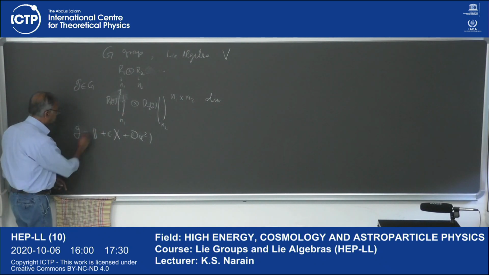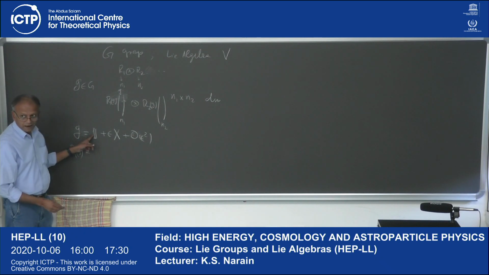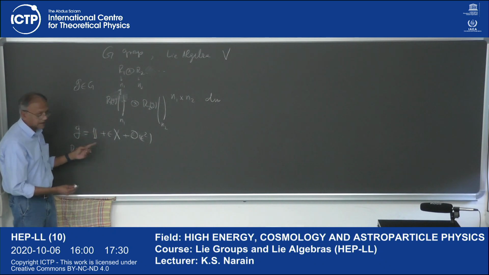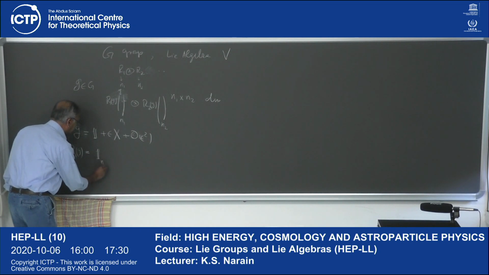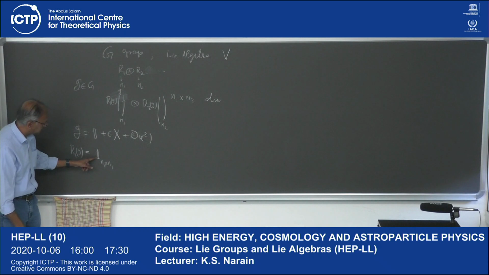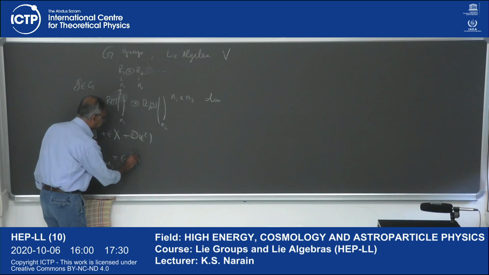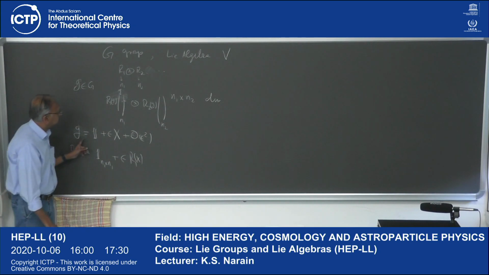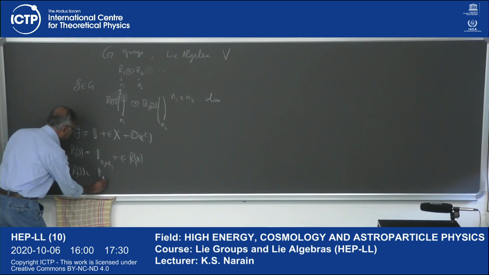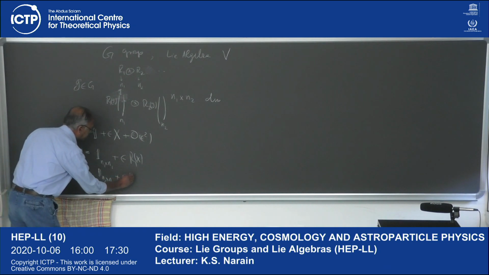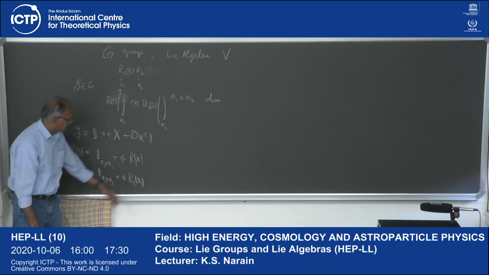R1(g) is the N1 by N1 identity matrix plus epsilon R1(x), and the same for R2: R2(g) is the N2 by N2 identity plus epsilon R2(x), ignoring all the epsilon squared terms.